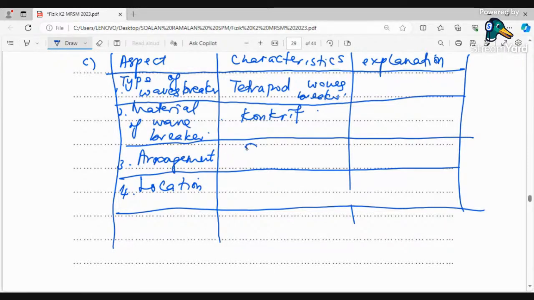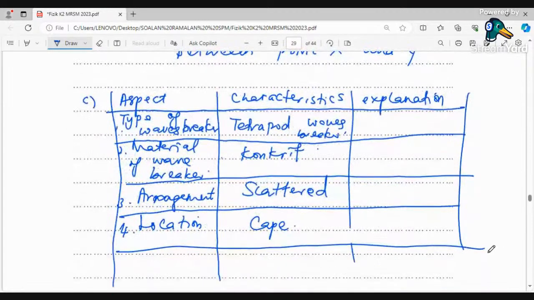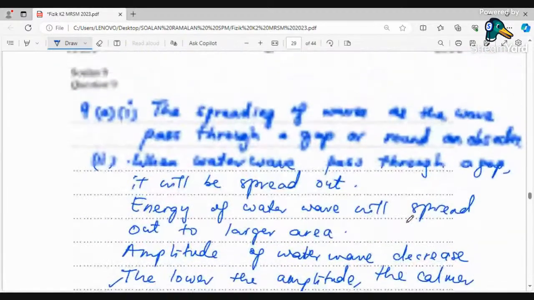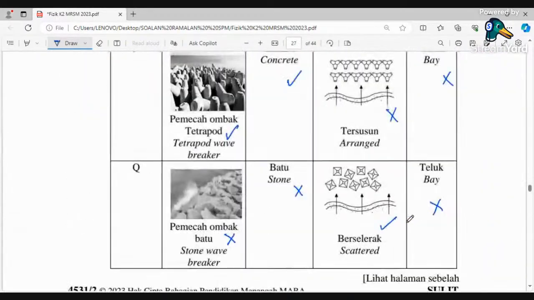Dia punya arrangement, location ialah K. Okay, so tuliskan dia punya reasoning. Jangan salin yang diberikan dalam soalan. Tengok soalan cakap.